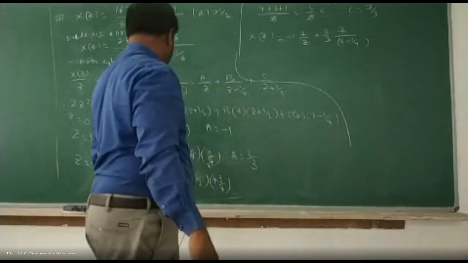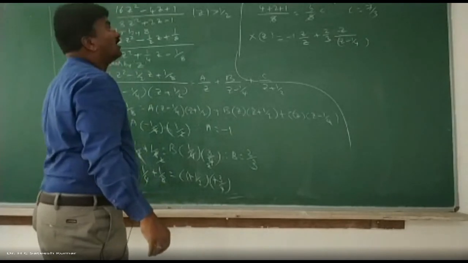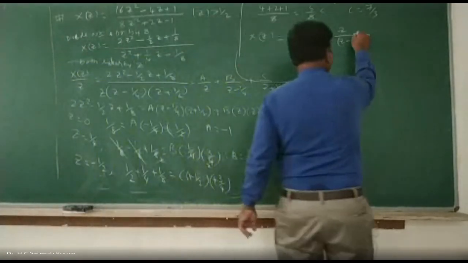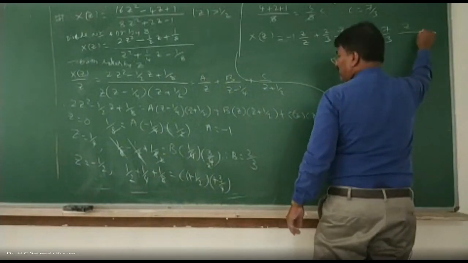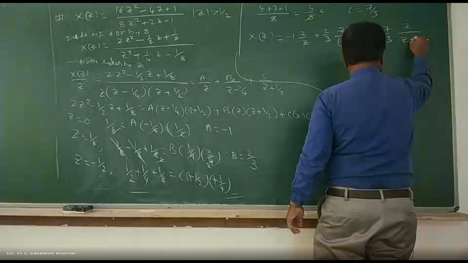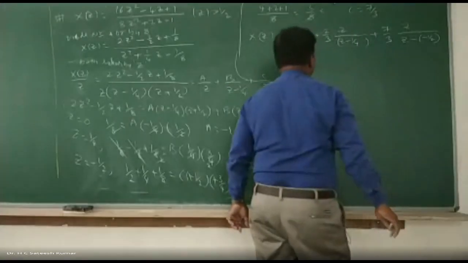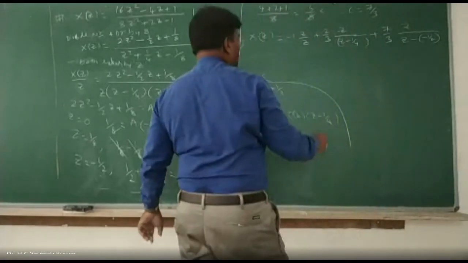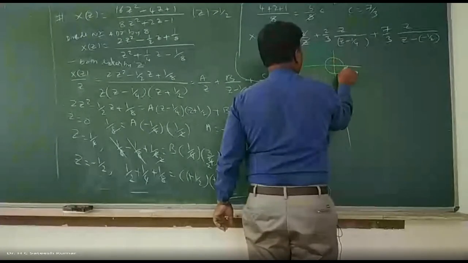And C is 7 by 3 into z divided by z plus half. But z plus half is not a standard form. Standard form is z minus half. Okay. Now you sketch the ROC. This z gets cancelled. ROC is mod z greater than half.